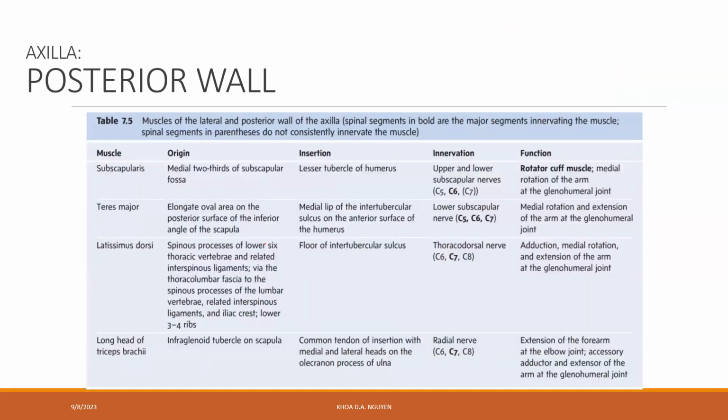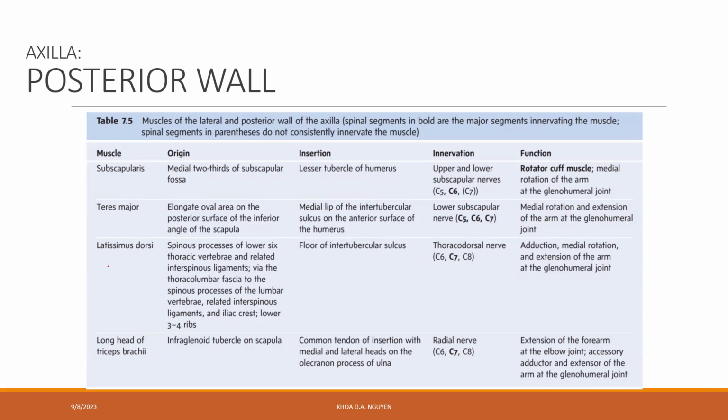So now, the subscapularis muscle is this muscle that is located within the subscapular fossa of the scapula. Okay, so it is innervated by the upper and lower subscapular nerves, and the origin, insertion, and function I'm going to let you study on your own. Okay, teres major muscle, just simply like that, is going to be innervated by the lower subscapular nerve.